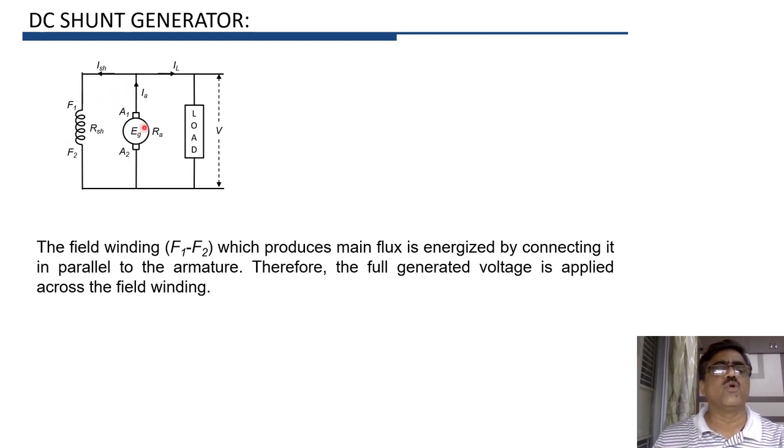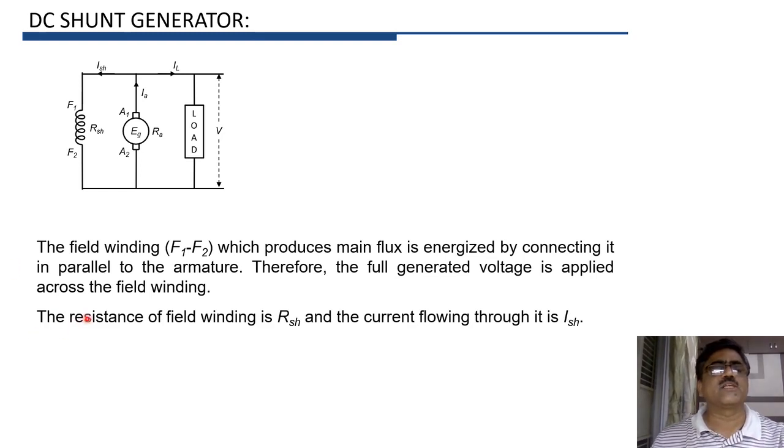This voltage circulates current in the field winding, which is denoted by ISH, and therefore this ISH provides necessary excitation to produce the magnetic flux.